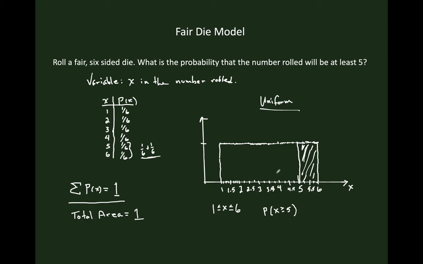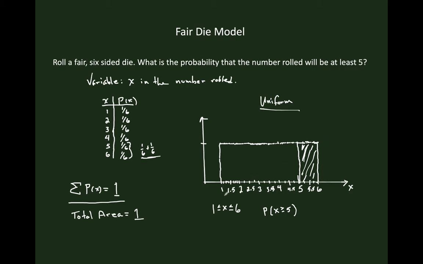Now, I need to think about what number to put on this vertical axis over here. If I think about this in terms of area, the nice thing with the uniform concept here is these are rectangles. So I can think about areas in terms of base times height.